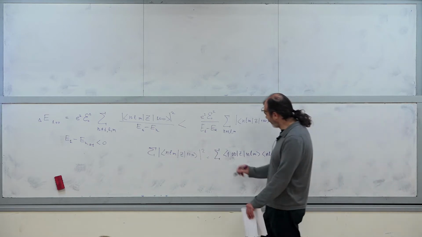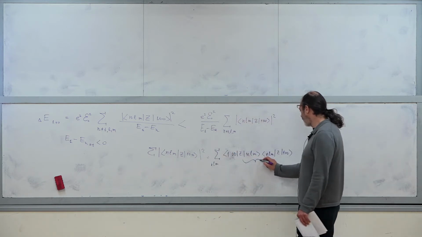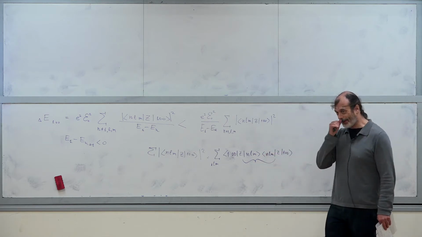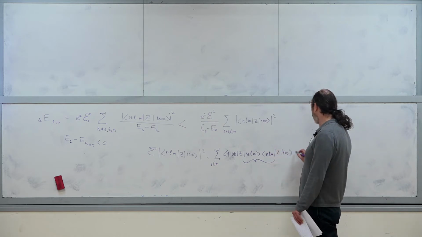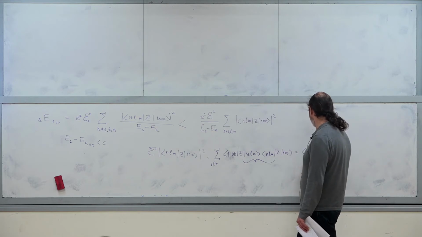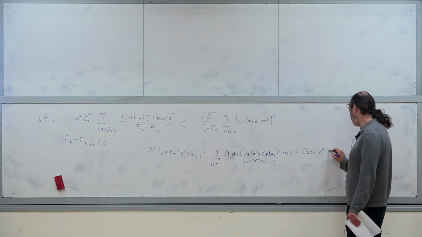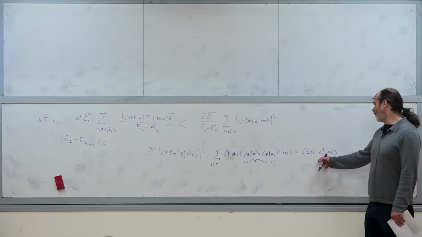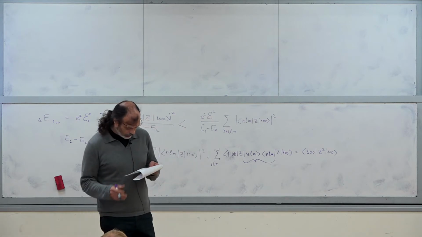Now I'm paying attention that the sum over n l m of this element is essentially 1, because we have a complete basis of these eigenstates, and therefore I can exchange this sum for the matrix element 1 0 0 which closes the z squared operator between the ground state wave functions. So this is essentially what we need to calculate.